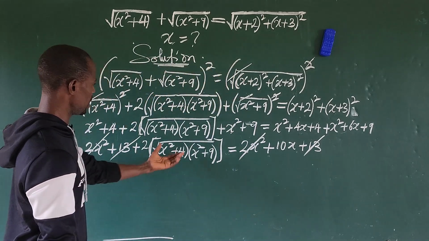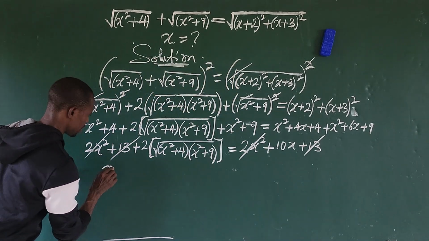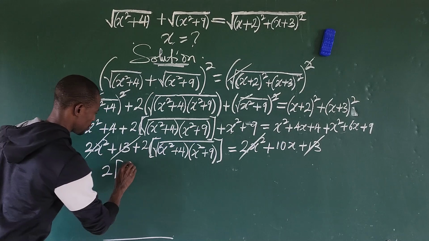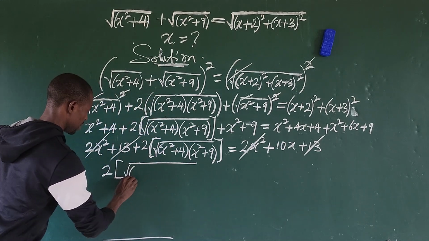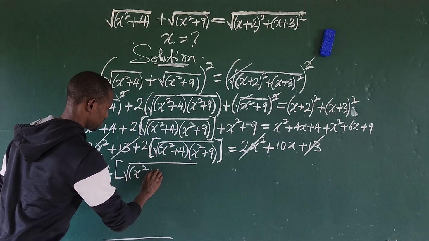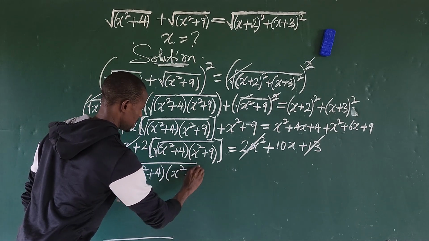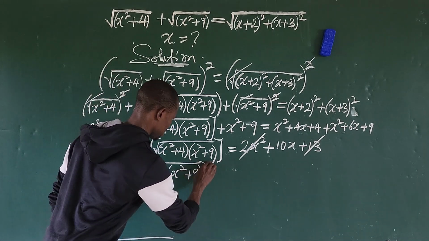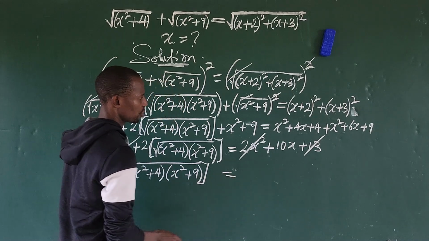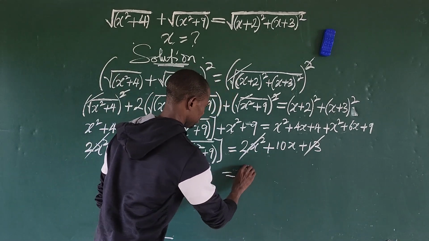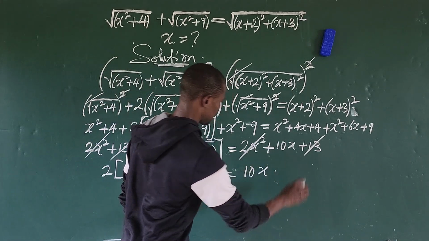So here we're left with this radical. We now have 2 times the square root of (x^2 + 4)(x^2 + 9), equal to, here we're just left with 10x.